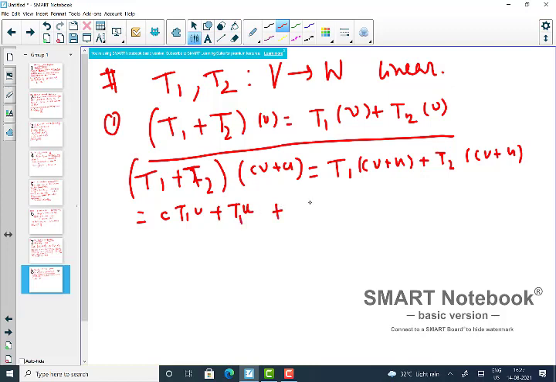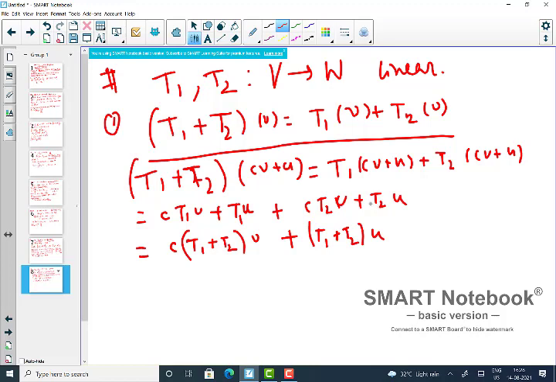Similarly, you will have c T2(v) plus T2(u), and you can take c together, so you have c times (T1 plus T2)(v), which is c T1(v) plus c T2(v), and then (T1 plus T2)(u). So the addition of two linear maps is again linear.